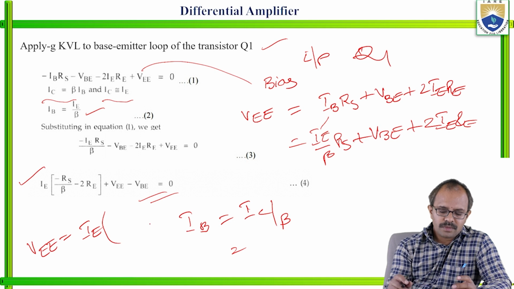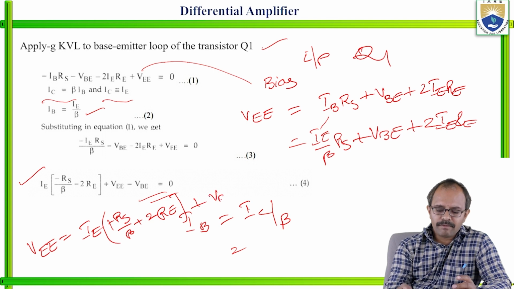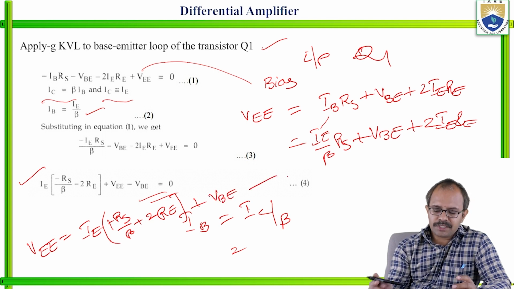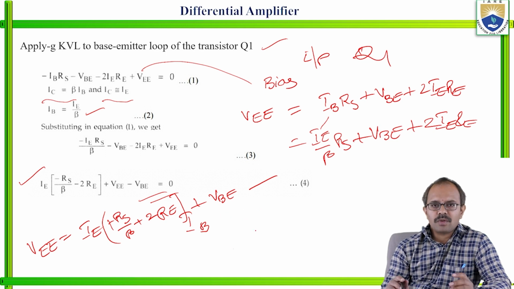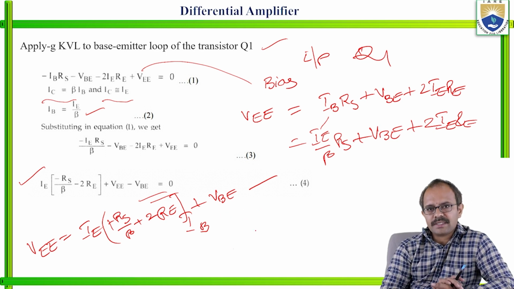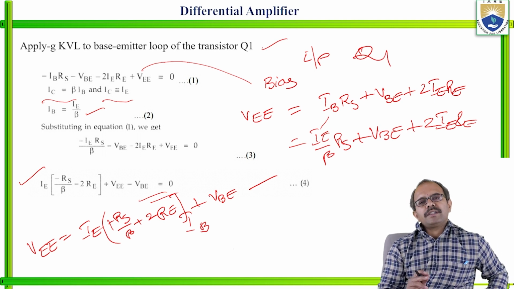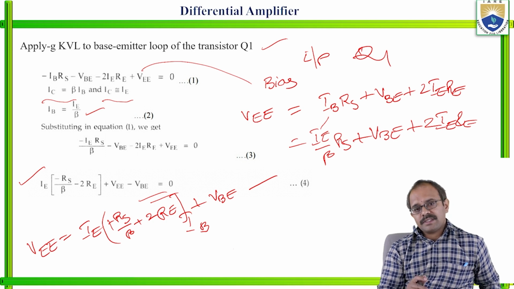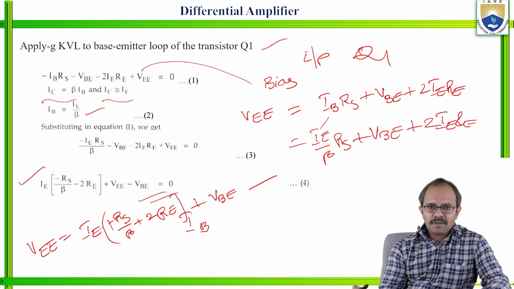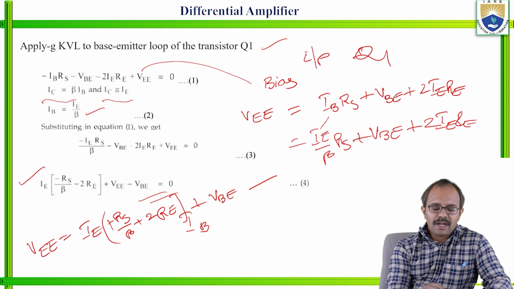This leads to VEE equals IE into RS by beta plus 2RE, plus VBE. This is the equation we are getting here, and it will be represented as equation number 4. So far in this analysis, we applied KVL to Q1 of the transistor in the input section, and we obtained an equation for IE.